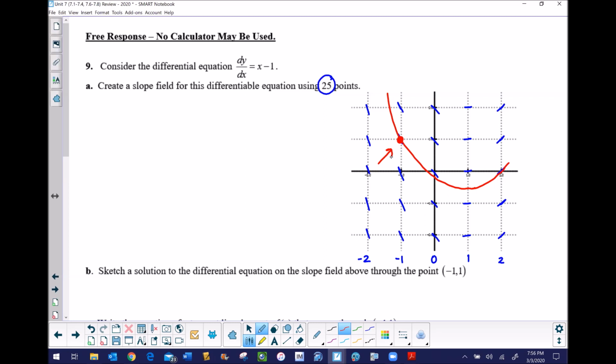The second thing that you have to do is make sure that your graph extends all the way to the farthest edges of the coordinate plane. Even if you don't draw arrows, and you can see here that I did not draw arrows, it's okay, but you have to still extend it. Now, if you draw arrows, that's fine, but it's not required.